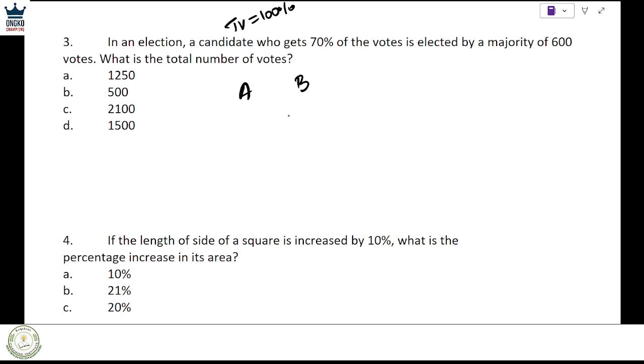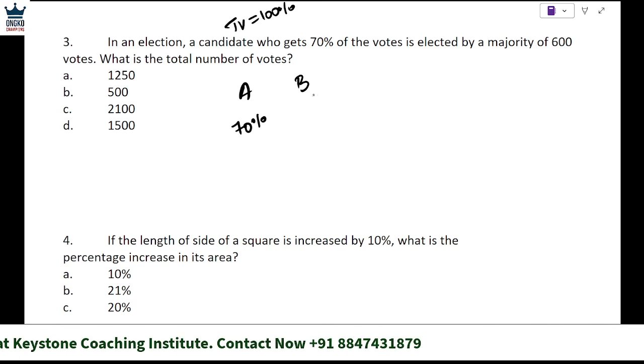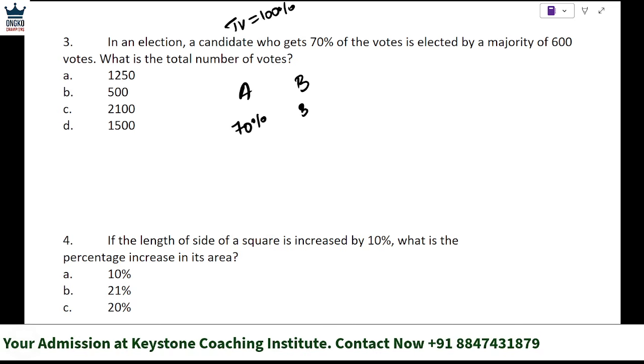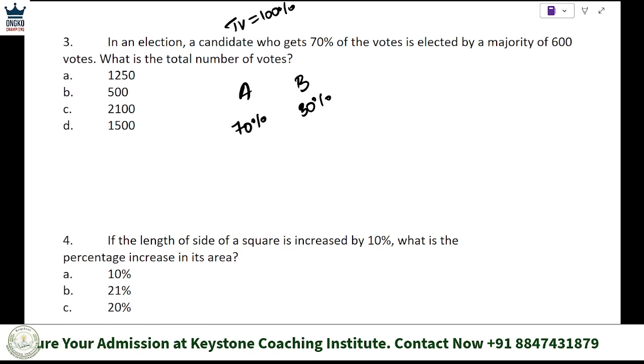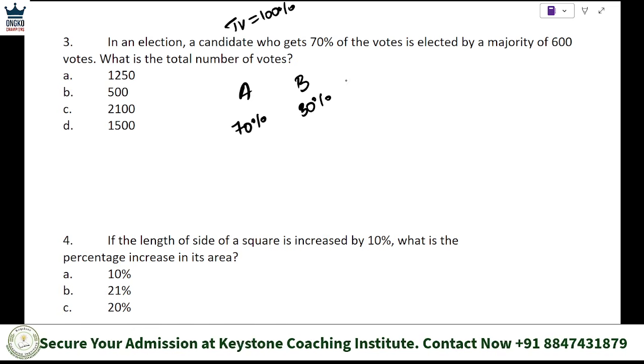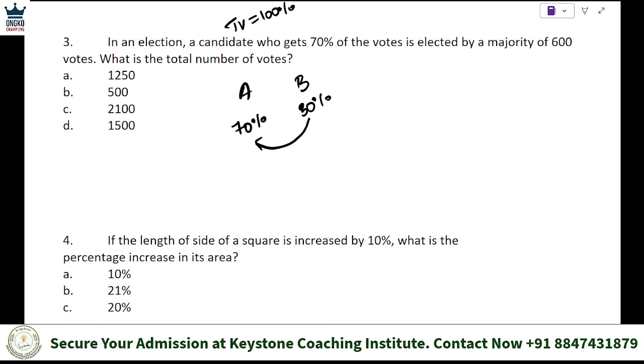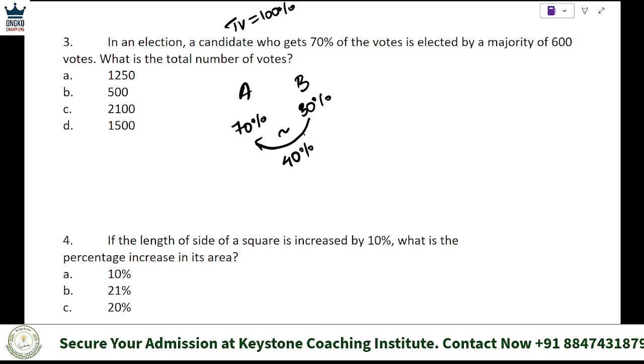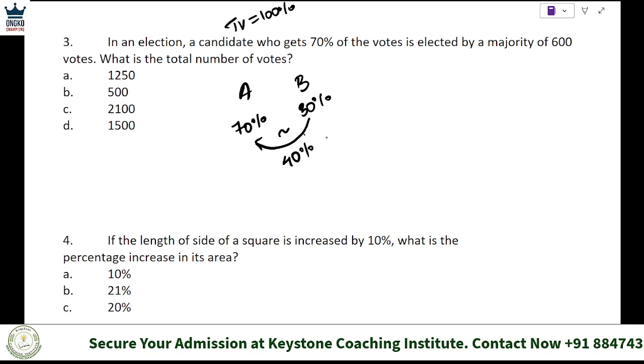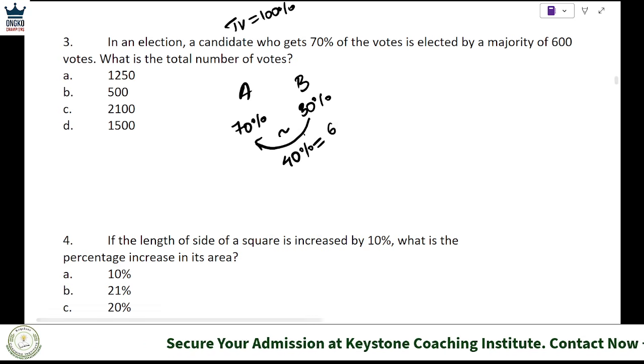It's given that A got 70% of the votes, then B will get 30%. Now when we talk about majority, that means the difference of these two, which is 40%. A won by a 40% majority. So 40% is equivalent to 600.